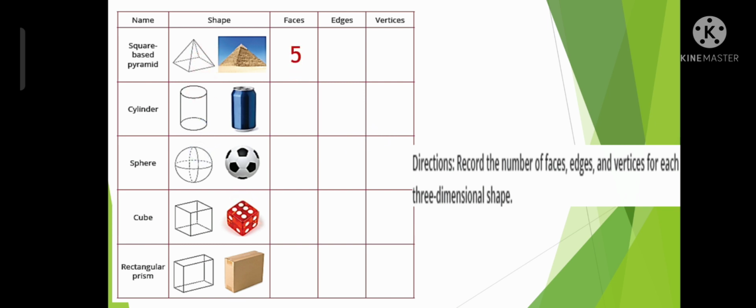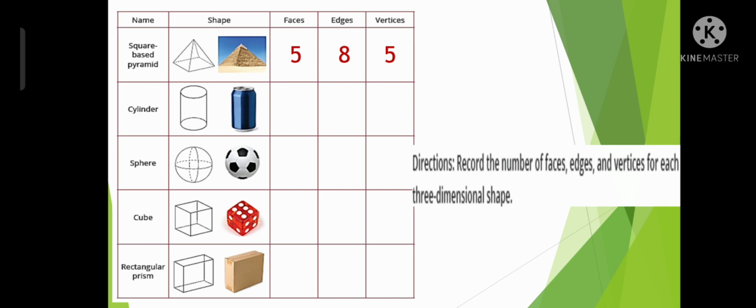How many faces? 5. How many edges? 1, 2, 3, 4, 5, 6, 7, and 8. This is called an edge. Vertices. This corner is called a vertex. How many vertices? 1, 2, 3, 4, and 5.